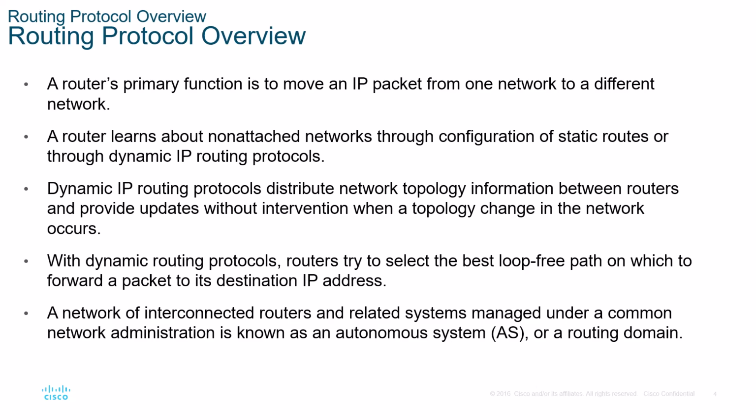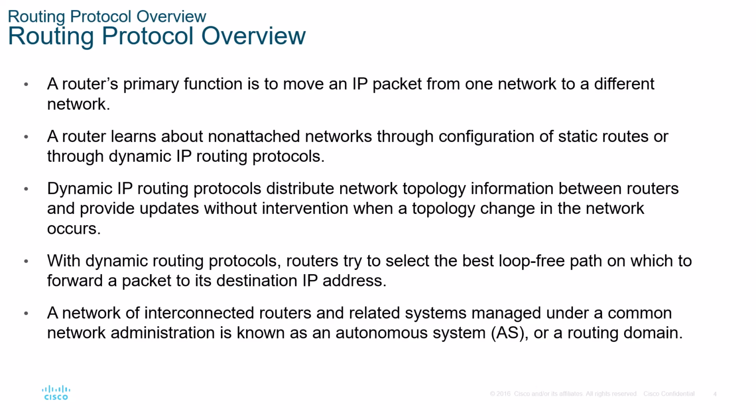For example, OSPF, which is one of the main open standard routing protocols, shares different information than, let's say, the Cisco proprietary EIGRP routing protocol. So that's why we have to understand the different types of routing protocols, because they all share information and work slightly differently.